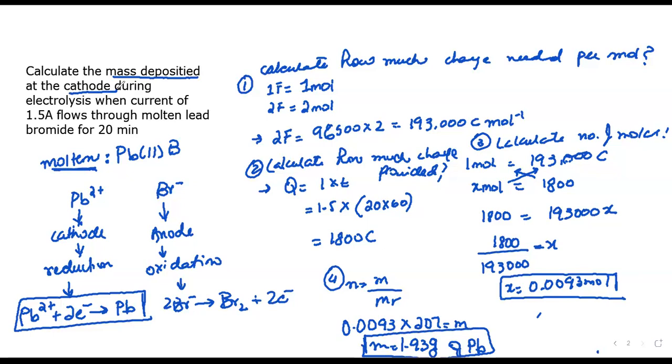Right. Okay. So I told you we can use this concept to calculate the mass as well as the volume. So how will we calculate our volume? Let's take a look at that as well.